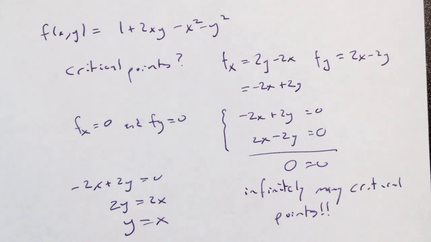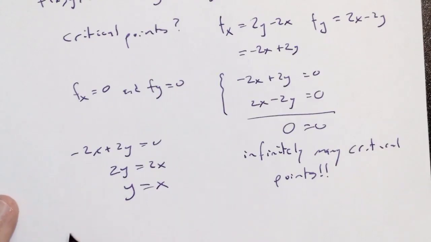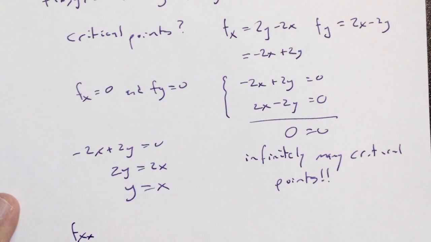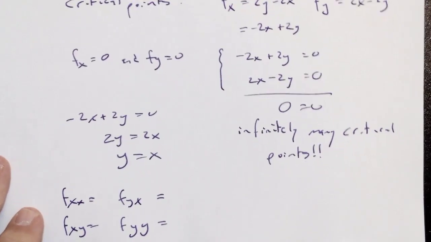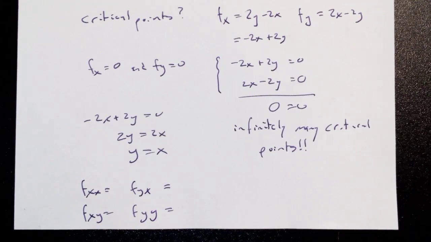Let's do the second derivative test. Fxx, fxy, fyx, fyy. What do I get for these? There, now I can see everything at the same time.